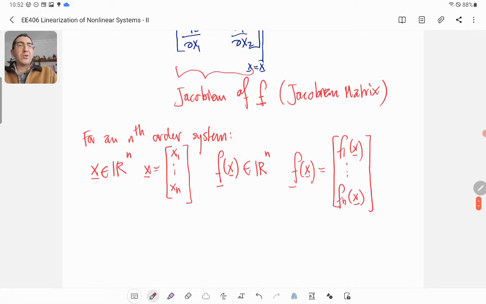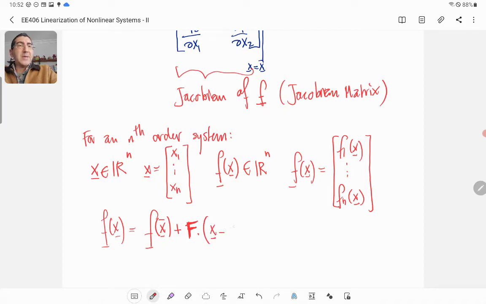Okay, so in this case we have f of x as above is equal to f at x bar plus F times x minus x bar, F being the Jacobian matrix.